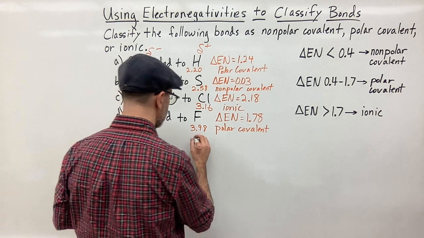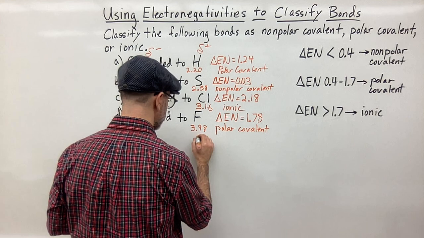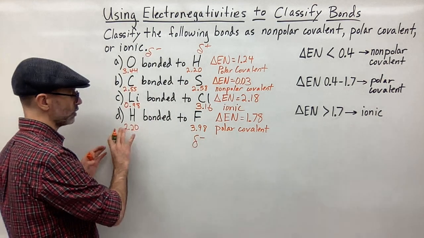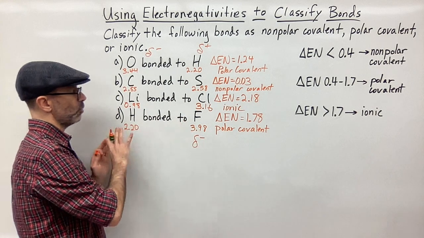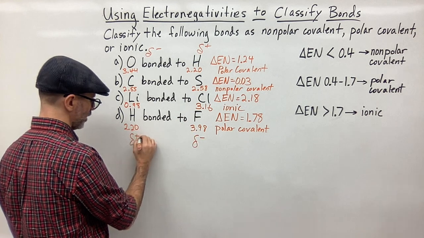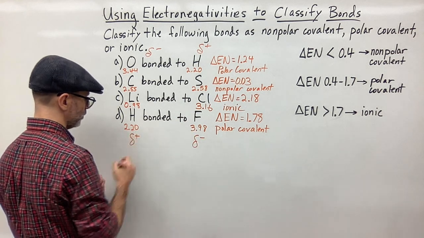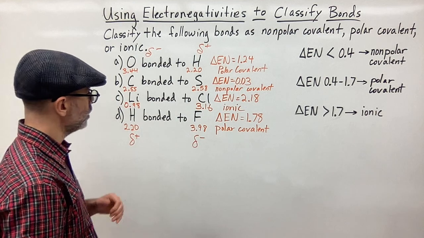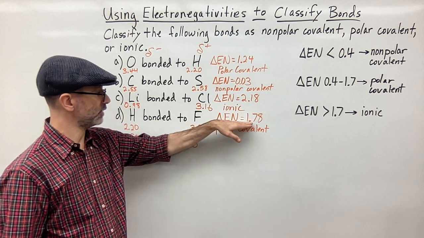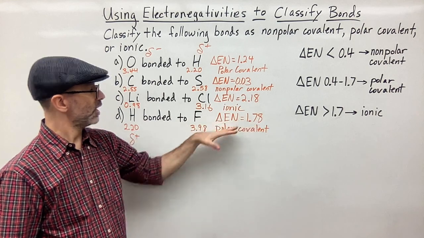And so we would label this fluorine as a partial negative. And then since the electrons are being pulled this way, this is going to give the hydrogen a partial positive side.